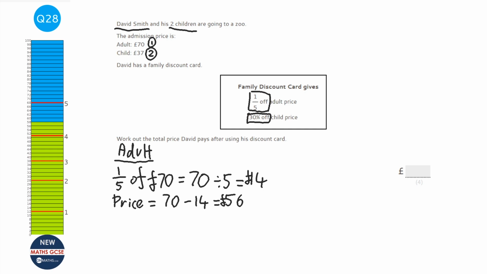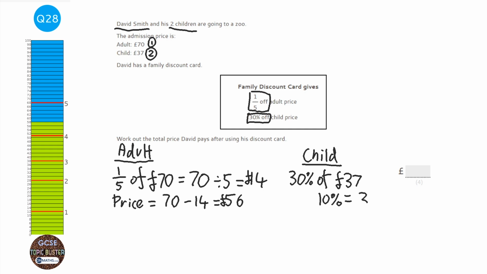Let's do the child price. Okay, so it's 30% off the child price. So we want to do 30% of £37. Okay, let's do the equals down here to give us some room. Well, I know that 10% is going to be £3.70.